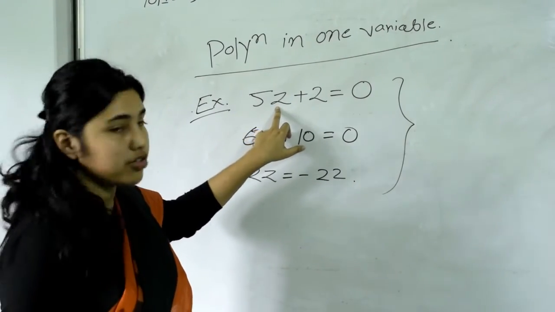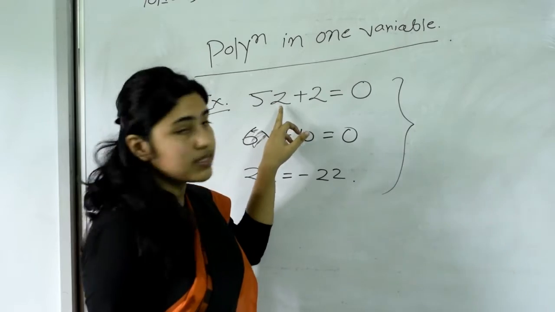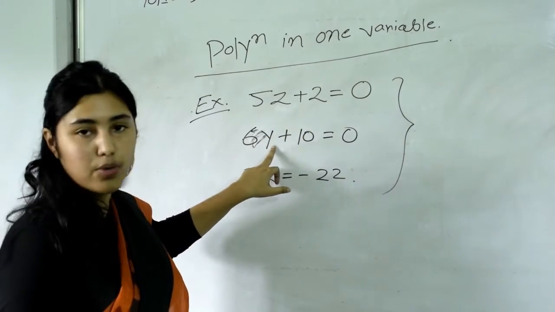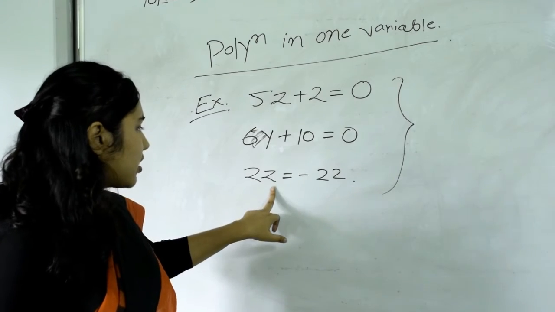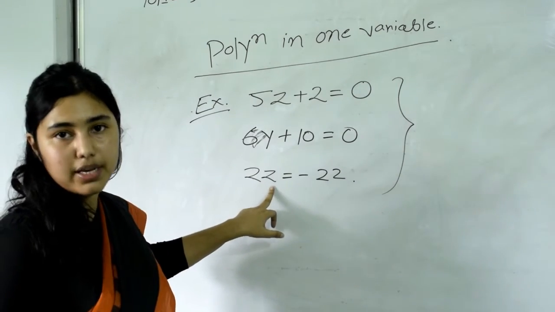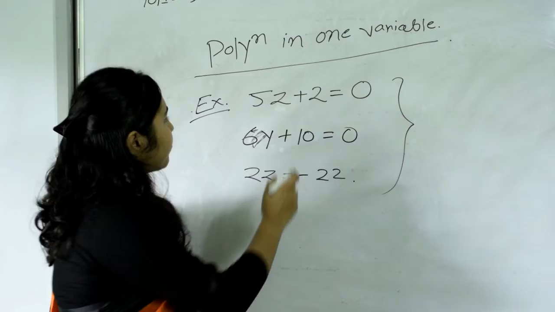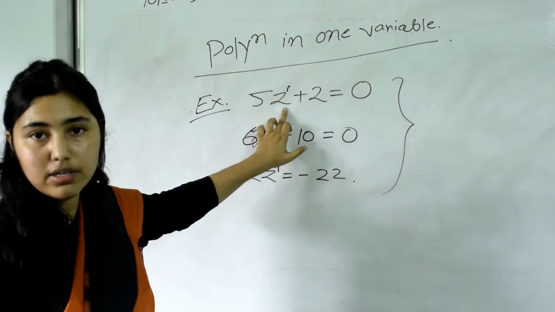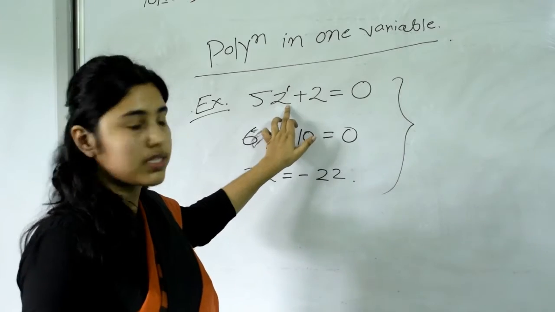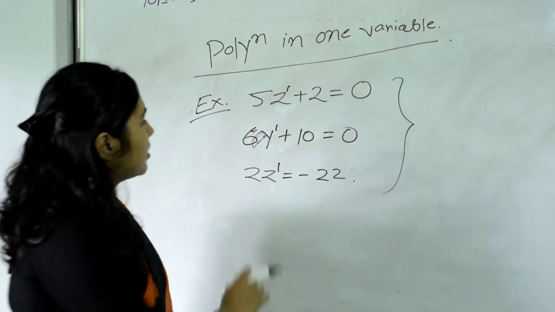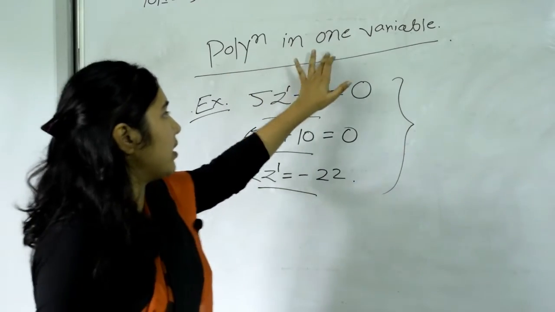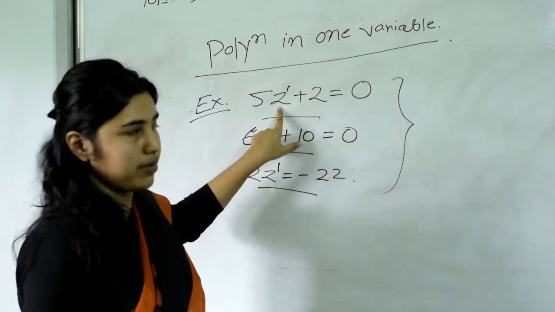For the first equation, the variable is z. For the second equation, the variable is y. And for the third equation, the variable is z. And the highest power of all these variables is 1. So this type of equation is known as polynomial in one variable.